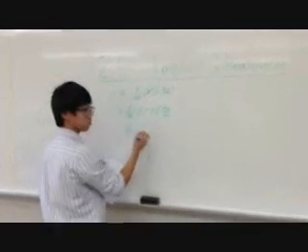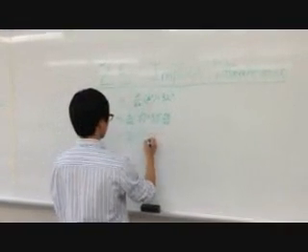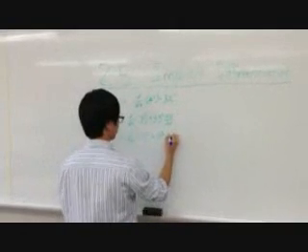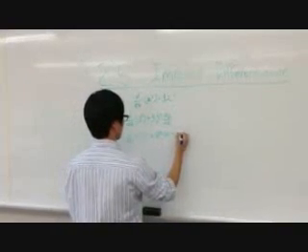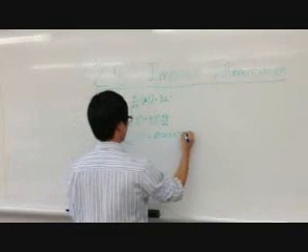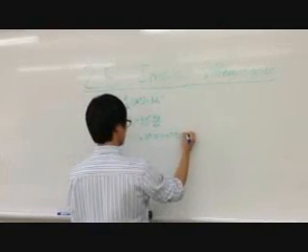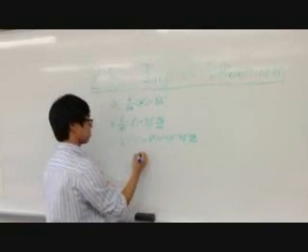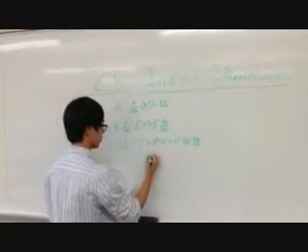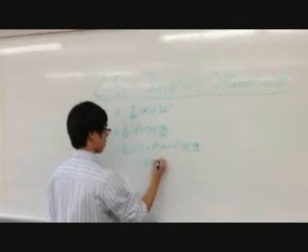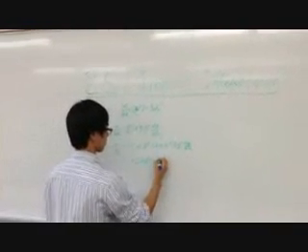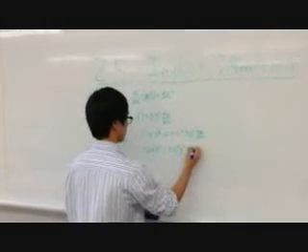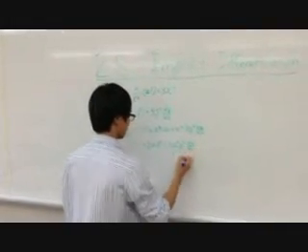By using our product rule, you're going to have y cubed times 2x plus x squared times 3y squared dy dx. And if you simplify this, you're going to end up with 2x y cubed plus 3x squared y squared dy dx.